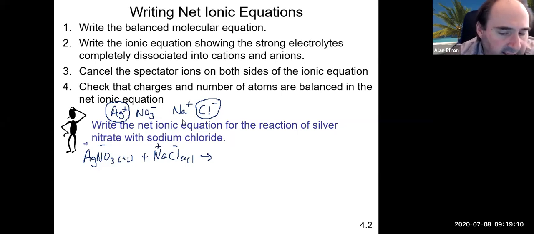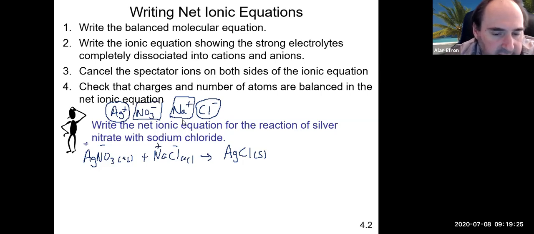So when we put those together as -1 and +1, just like we talked about with nomenclature, we would get silver chloride, which is a solid. The other thing that will happen is our sodium ion, which is +1, will come together with our nitrate ion, which is -1. And again, we just need one of each of those. And this would give us our equation here.